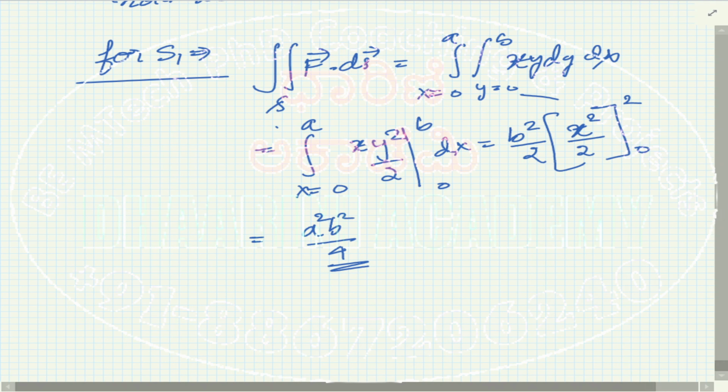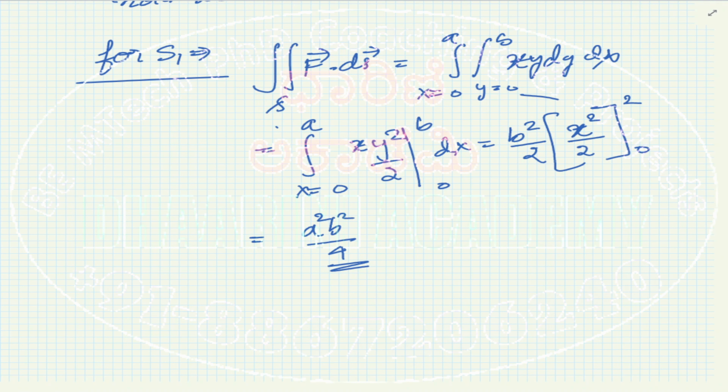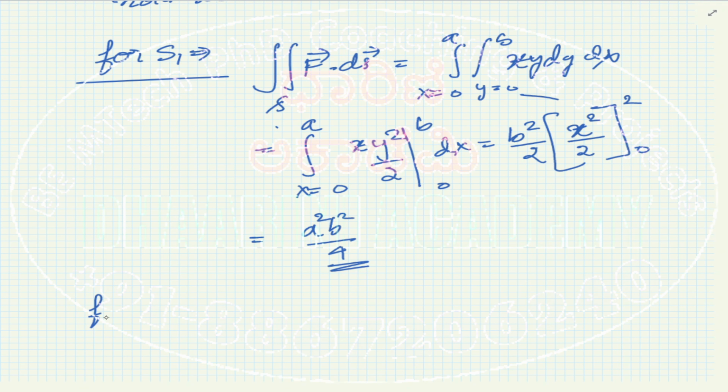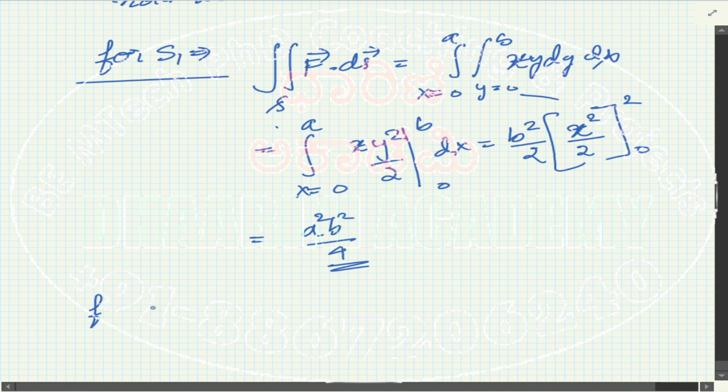Similarly, let's go to the second one, that is the second integral, say for S2. I'm performing the same similar integral. So this is the double integral over S. The previous one we'll call S1.